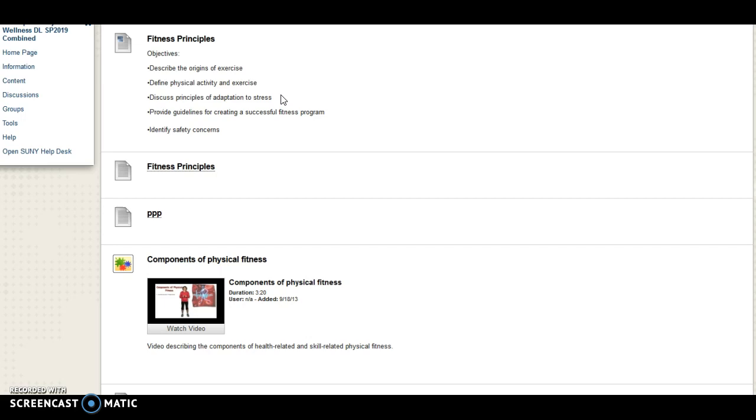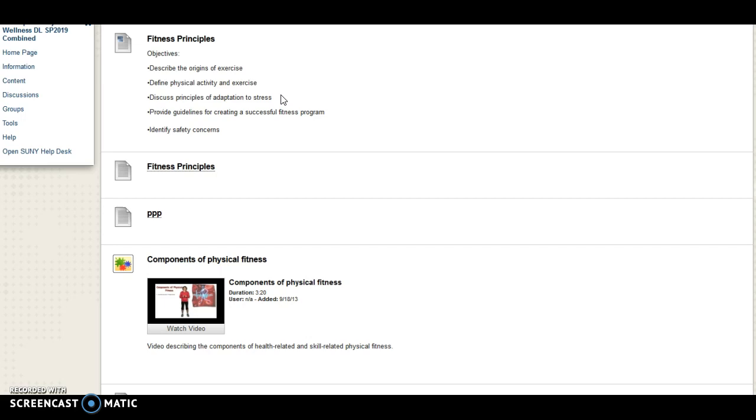So in our very first chapter that we looked at, we looked at defining what are the components of wellness. And then one of the components of wellness was physical wellness. And from physical wellness, there are two different types of wellness components. One is health-related fitness components, and the other is skill-related fitness components. And so those are the things that everyone sort of got confused with, all the different components in the homework question.